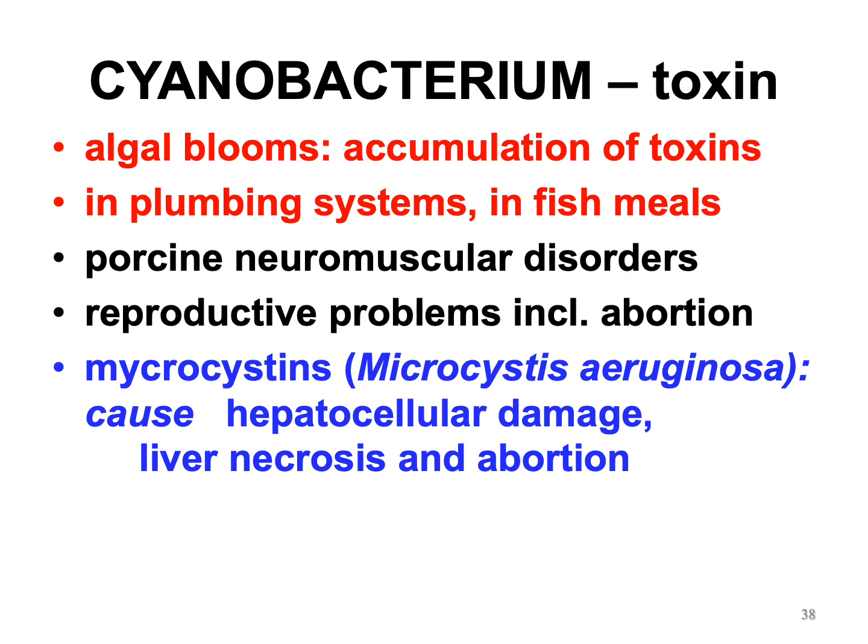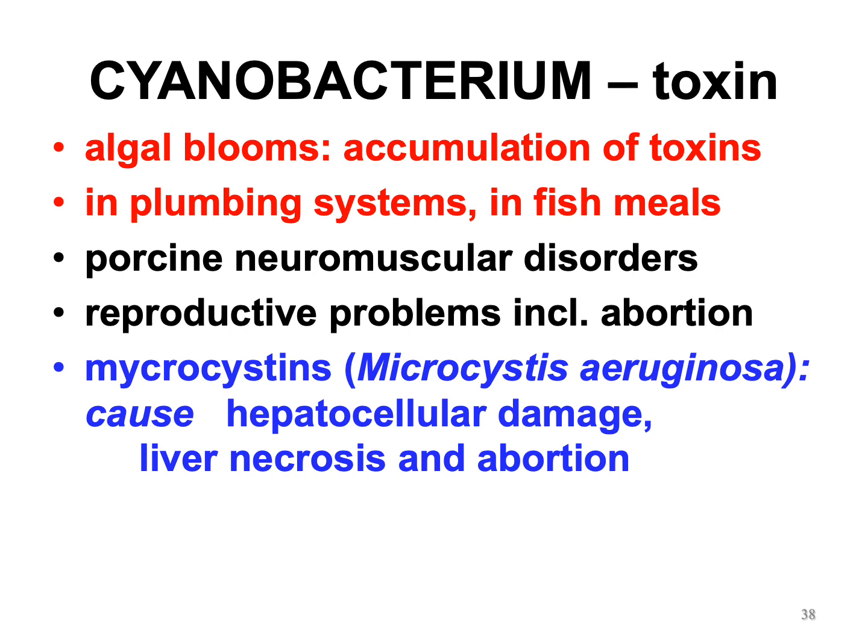During the algal blooms, there is an accumulation of toxins, and it can be found in the plumbing systems, but also by different ways in the fish meals, and they will cause porcine neuromuscular disorders.